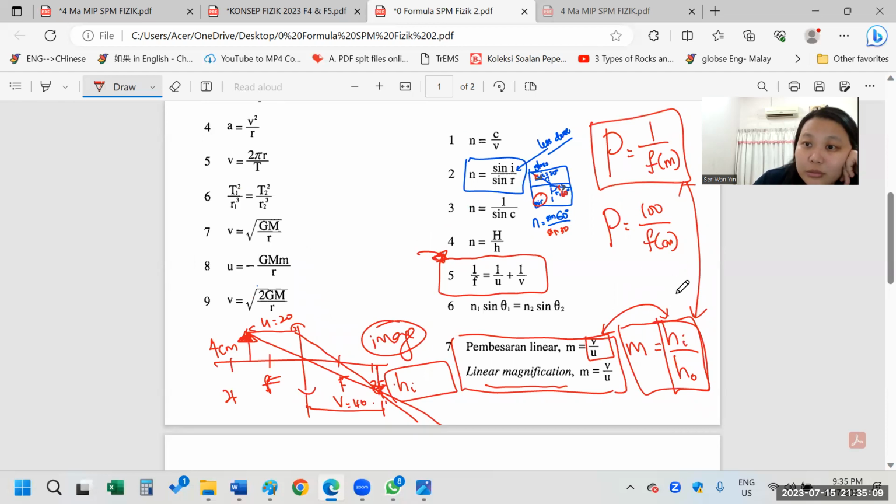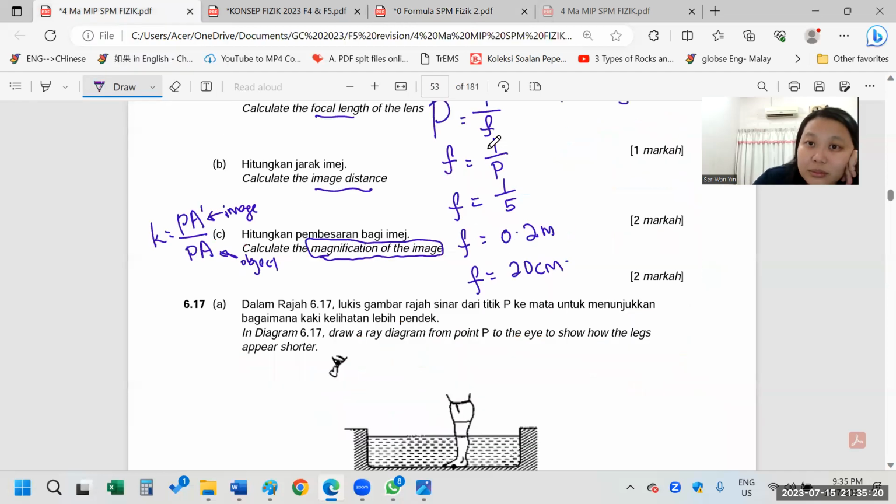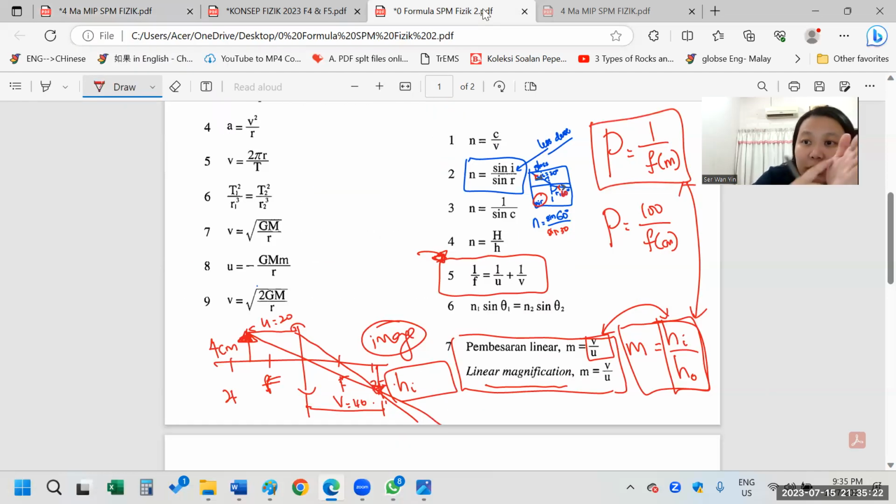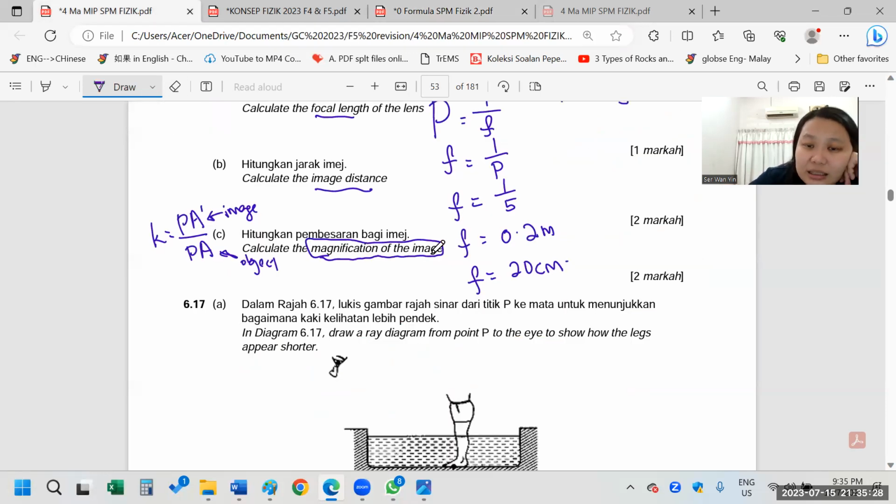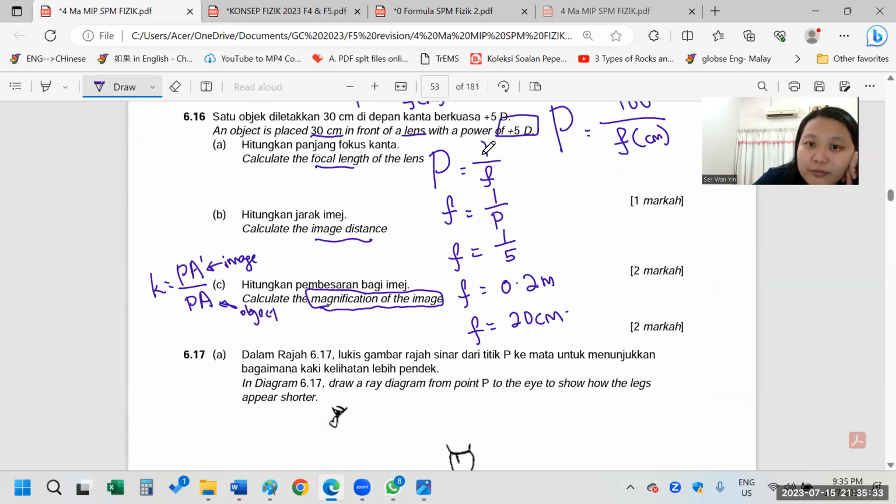I encourage you to write on the first page when the exam starts to remind yourself. But of course, don't copy on the hand and then you bring in. That's called cheating. Okay, so for magnification, we will use V divided by U, since this is U, this is V.